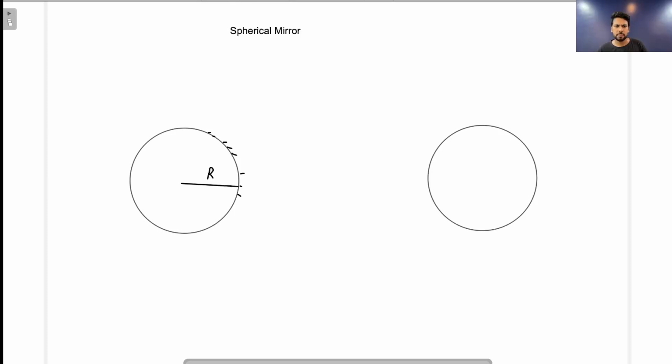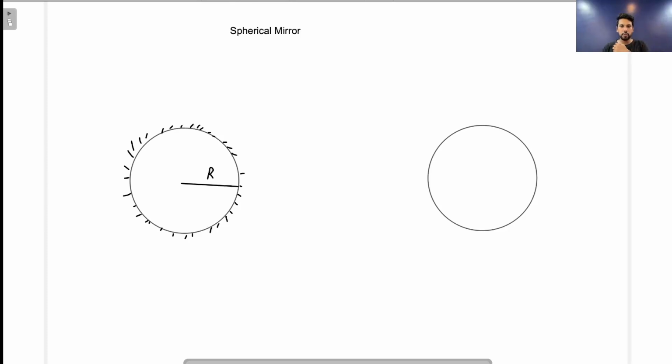You need to imagine this: I have a mirror which is a complete sphere, but in this sphere the outer side is rough, non-reflective, while the inner side is shiny and reflective. And of course it has a radius r.